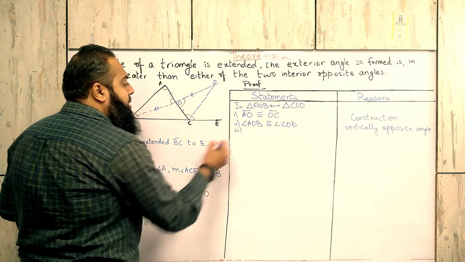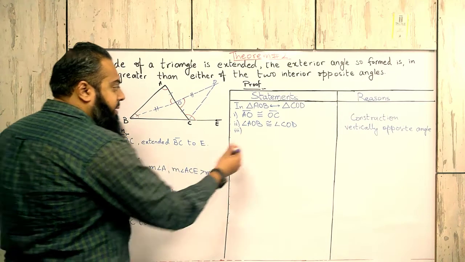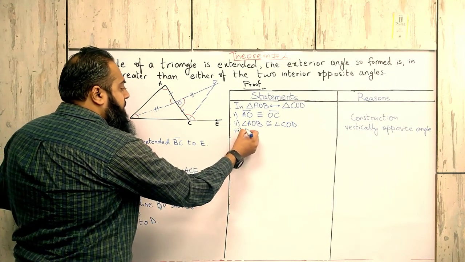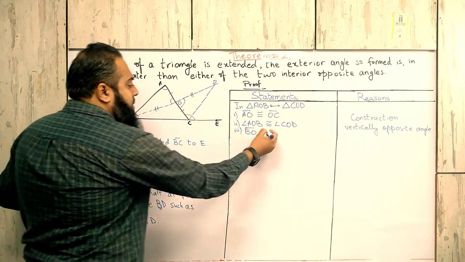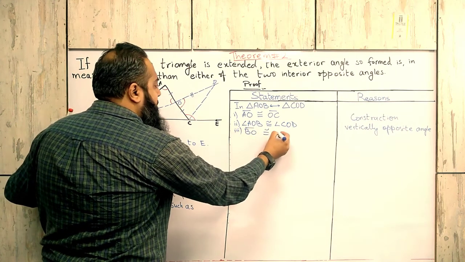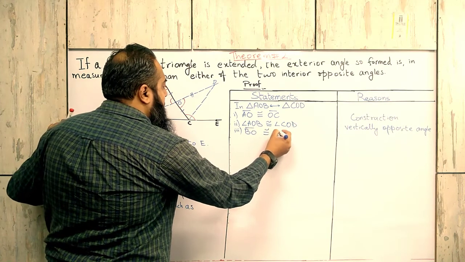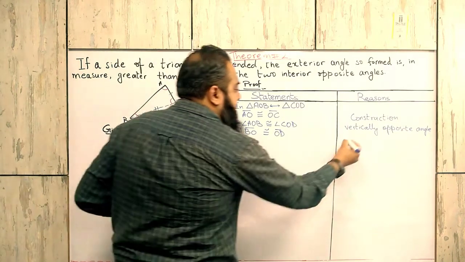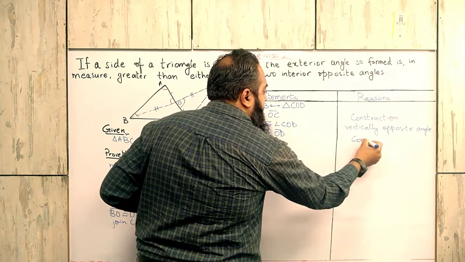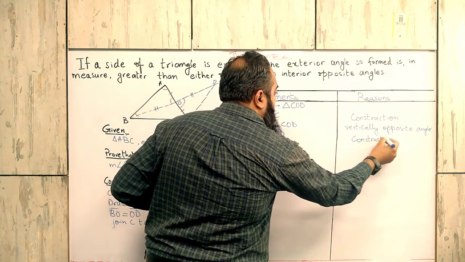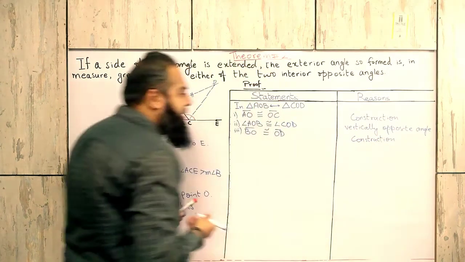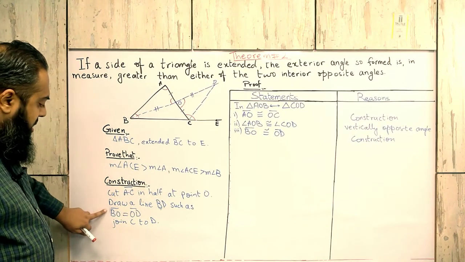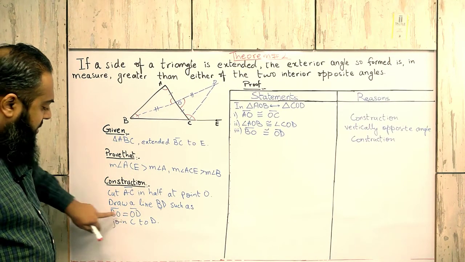And then point 3, we have line BO will be congruent to line OD because it's in the construction. We have mentioned it, we have drawn it to be equal to each other.